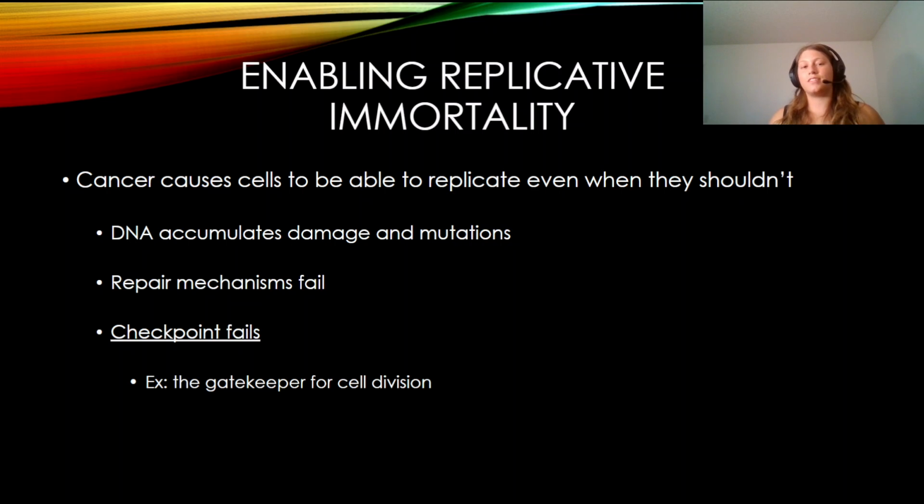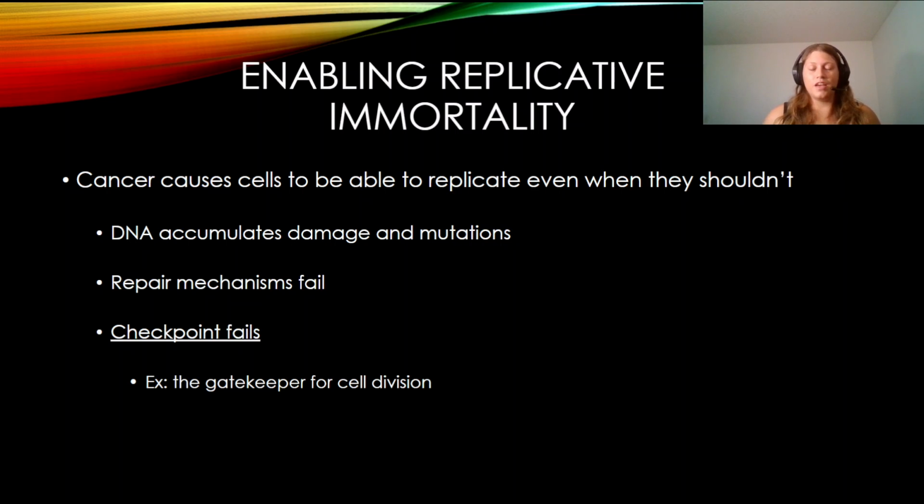Now, checkpoint is the scientific term, but we do have checkpoints in real life, and it's honestly very similar. Checkpoints in our cells usually make sure that the right cells are proceeding, the ones that don't have a bunch of mistakes, or it sends the ones with a bunch of mistakes or mutations off to get repaired. What cancer does is it essentially makes sure that this gatekeeper at the checkpoint is out to lunch.